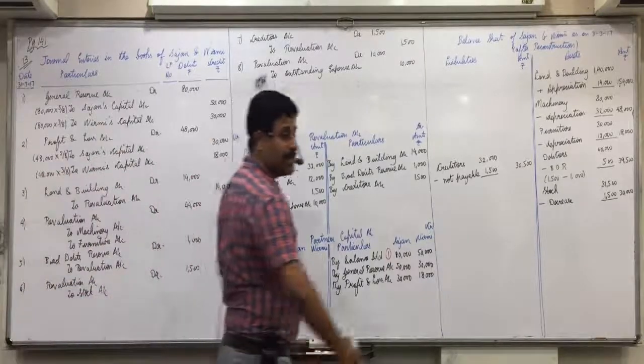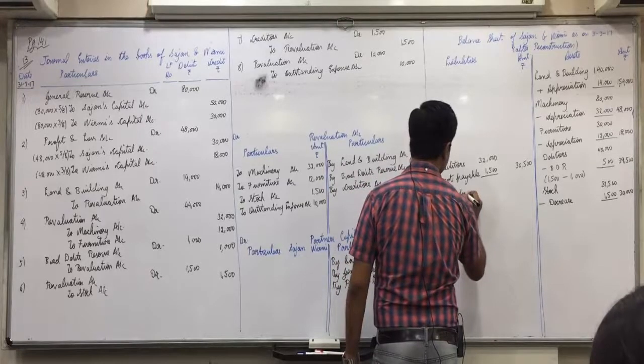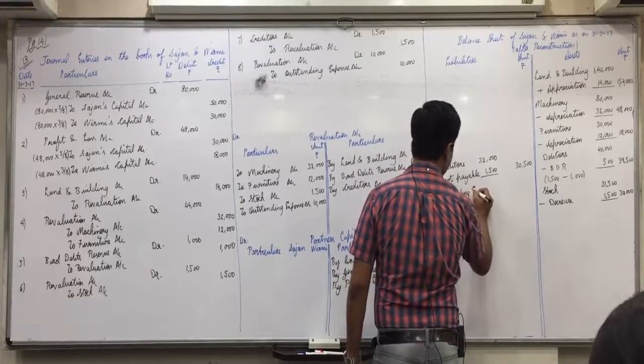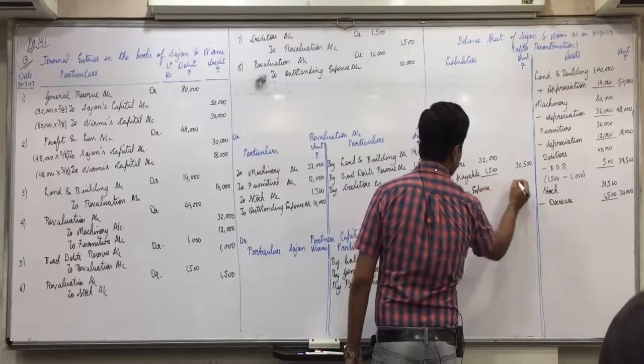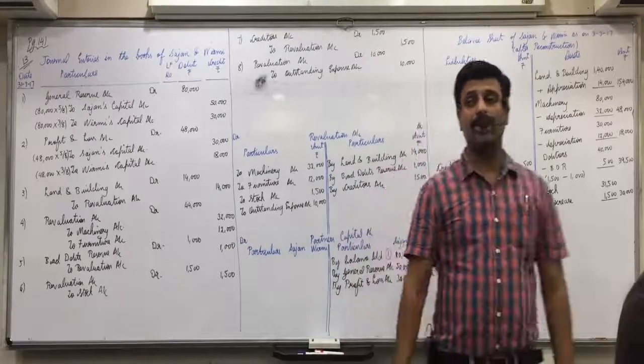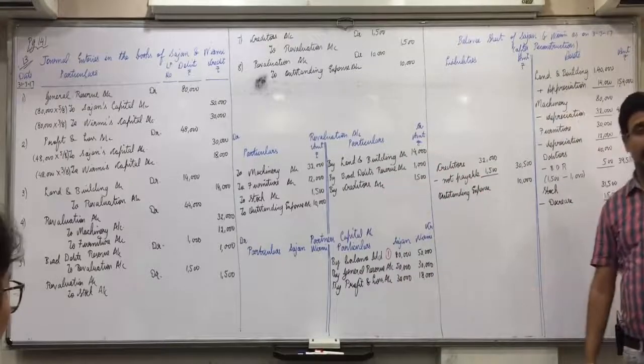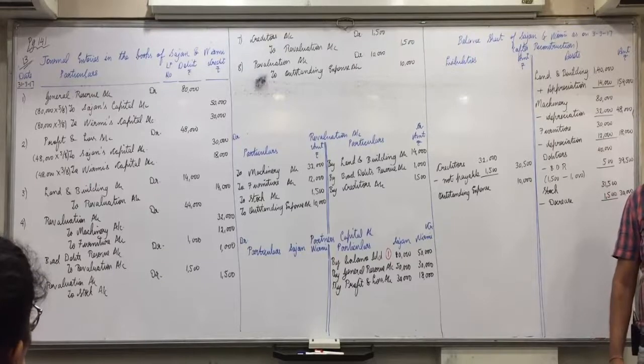An outstanding expense will come on liability side 10,000. Okay, outstanding expense will come on liability side 10,000. Understood the two effects, everyone? Anyone have any doubts on that?